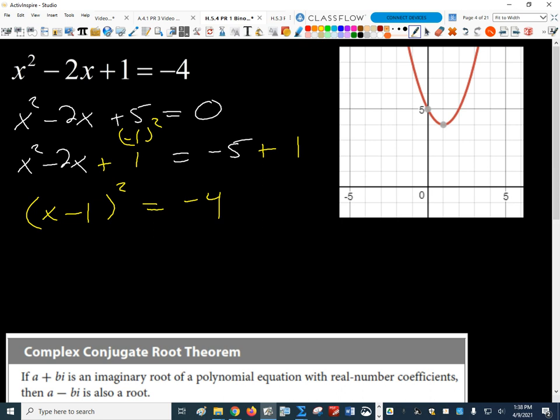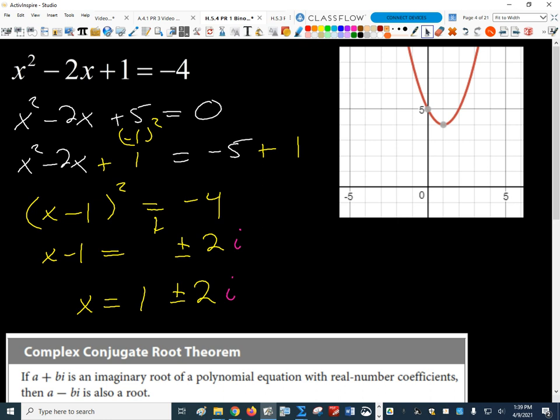Now what? Square root. Okay, good. So I get x minus 1 equals plus or minus, and we already did that, didn't we? That's plus or minus 2i. And then the last thing left to do is add the 1 in front of the plus or minus, and I told you to do that for a reason. You'll see here in a second. So we get x equals 1 plus or minus 2i.